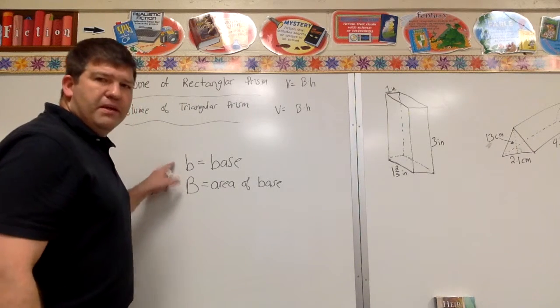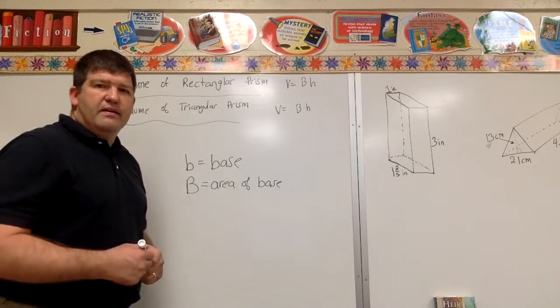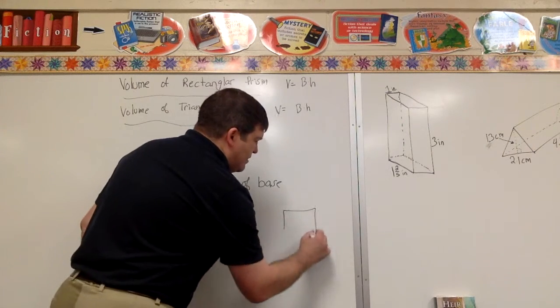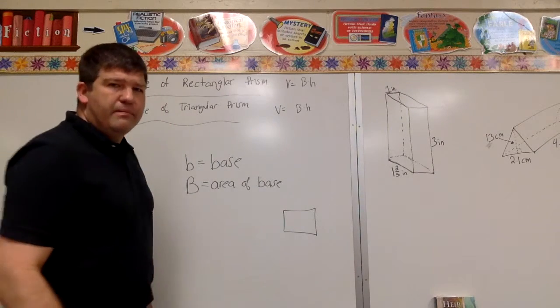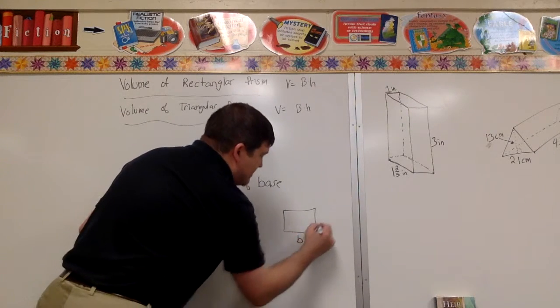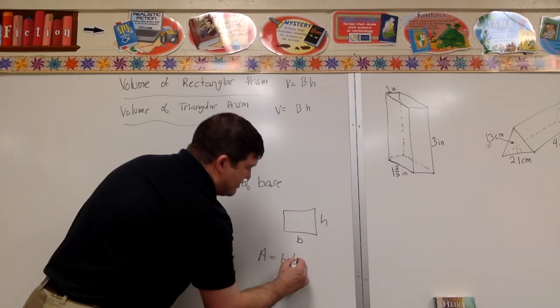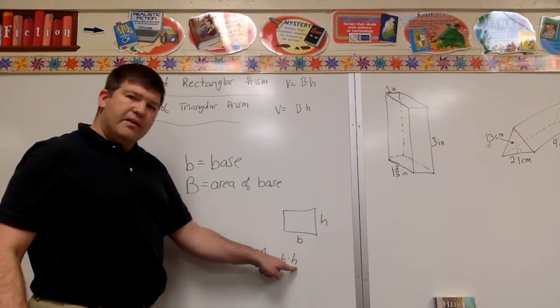When you have a little b, it's the base. So remember when we were doing a parallelogram, it was always base times height. So area equals base times height. Now, it's just a small b and a small h.